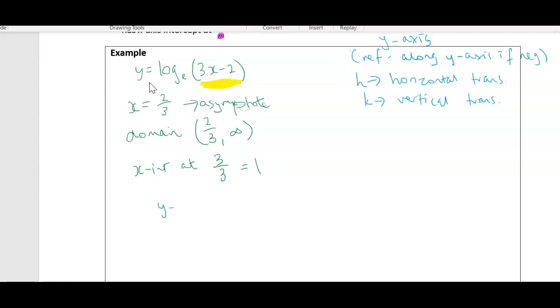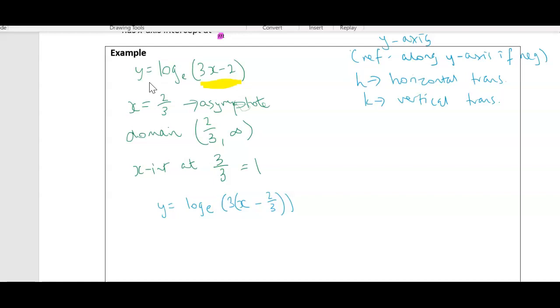I'll rewrite it down here as y equals log base e, and take out whatever the coefficient of x is as a common factor. I've taken 3 out as a factor. That leaves me with minus 2 over 3, because when I expand that, I get 3x minus 2.